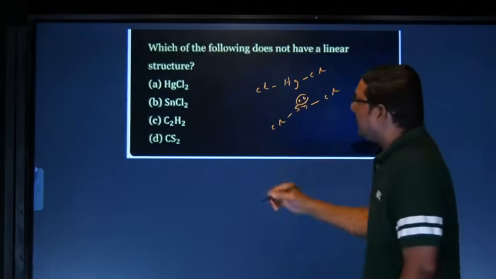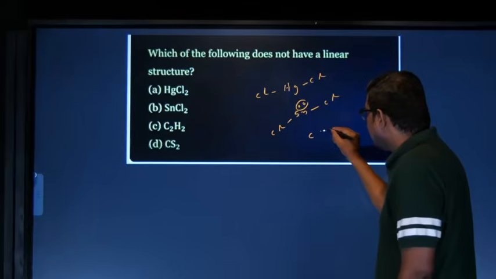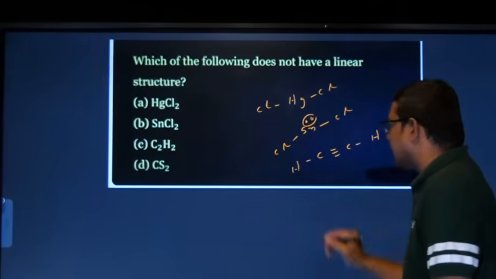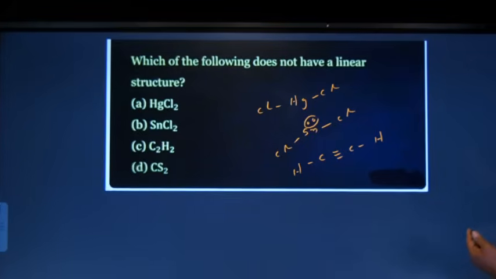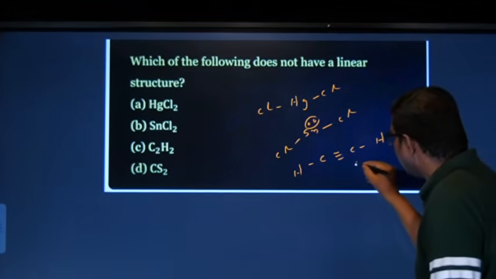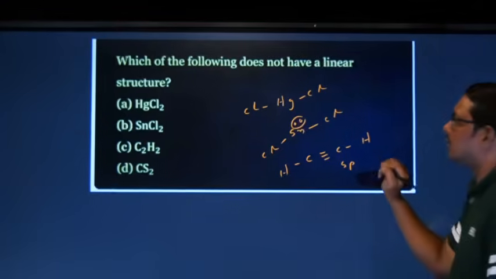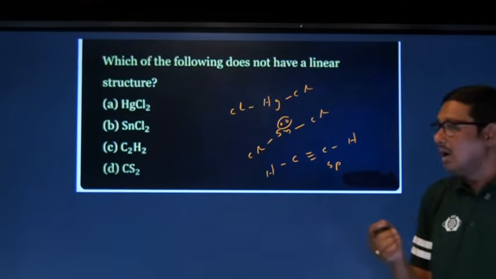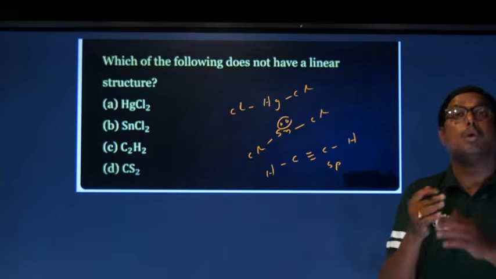Then if you go for the acetylene molecule, this is my C triple bond C, you can call it alkyne or acetylene, the most acidic hydrocarbon. It has sp hybridization and linear shape. Then the last option, carbon disulfide. Special word: carbon disulfide is a non-polar solvent.